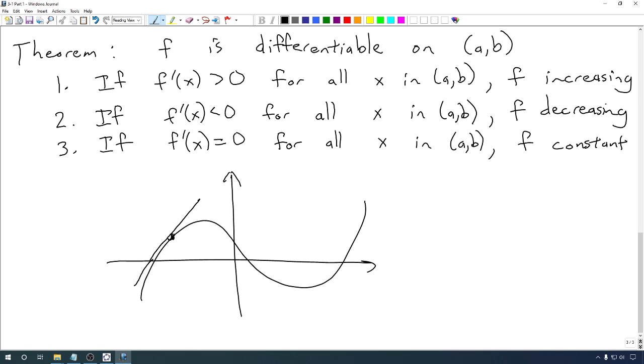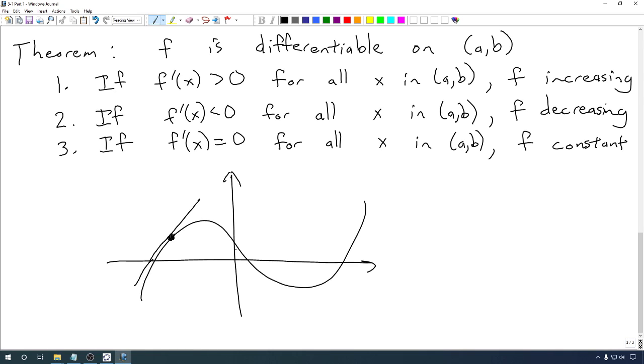Remember, a positive slope means that you're starting low and moving high. That's corresponding to where the function is moving upwards. So we'd expect the function to be increasing, not necessarily at that point, because we're not talking about increasing at a point, but in an interval around that point.